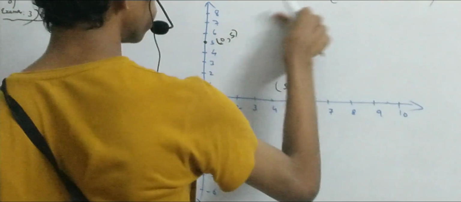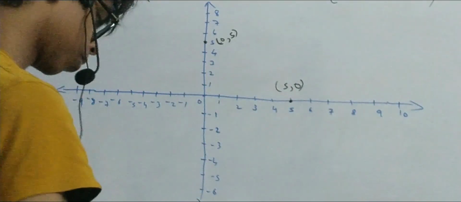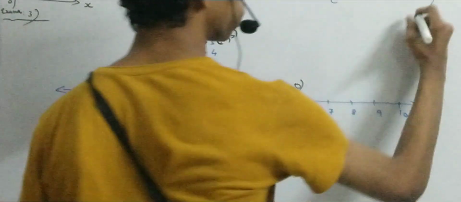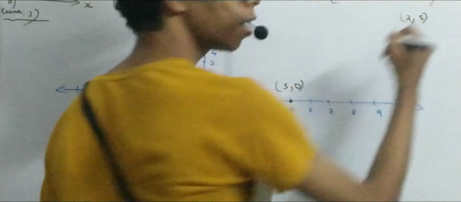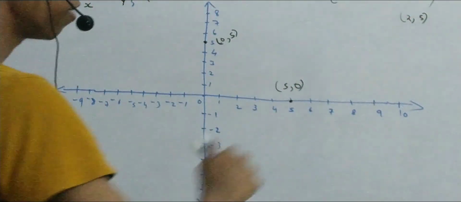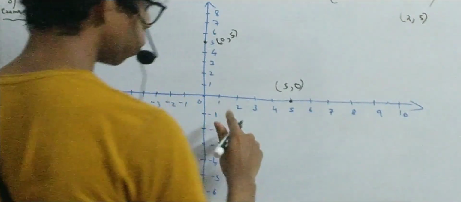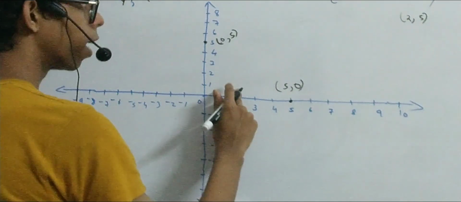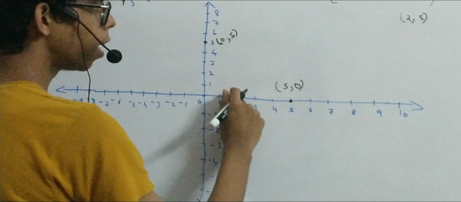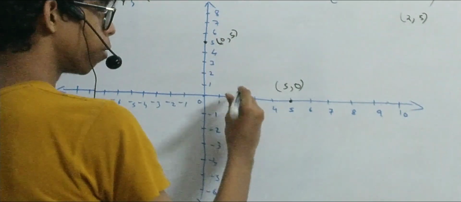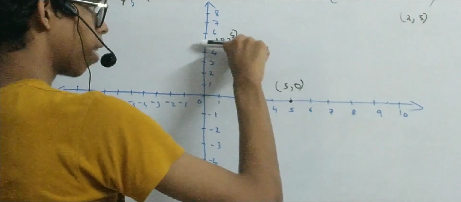Now the next one is (2, 5). Okay, so just see, when I say (2, 5), our x-coordinate is 2 and our y-coordinate is 5. So 2 on the x-axis means over here, then 5 on the y-axis means somewhere around here, from here like this 2, and from here 5.